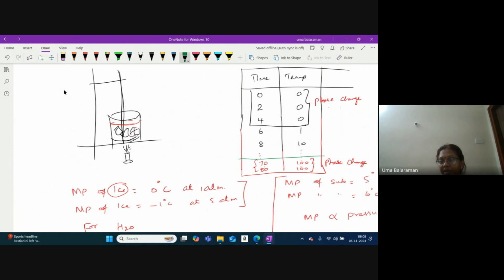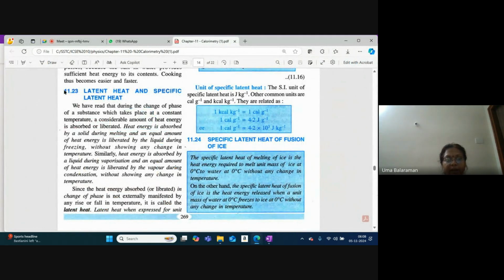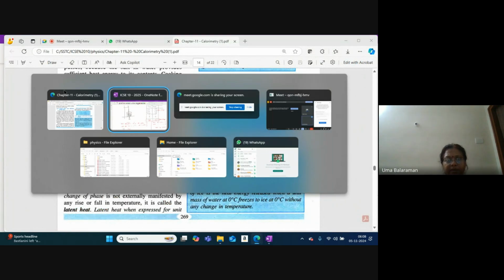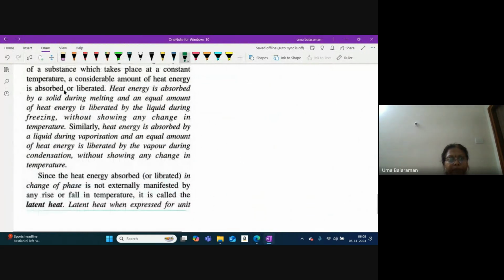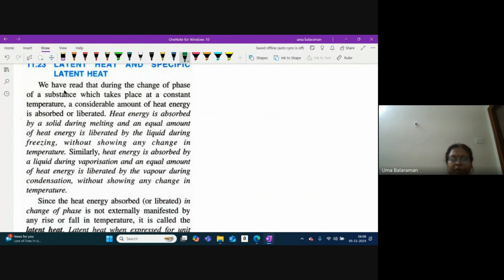After 100 degrees Celsius, there is no increase in temperature recorded for a while until all the water is converted to steam, and then the temperature of steam increases. So this is latent heat or hidden heat. Let us study that in detail. During phase change, temperature remains constant even though we continue to heat.